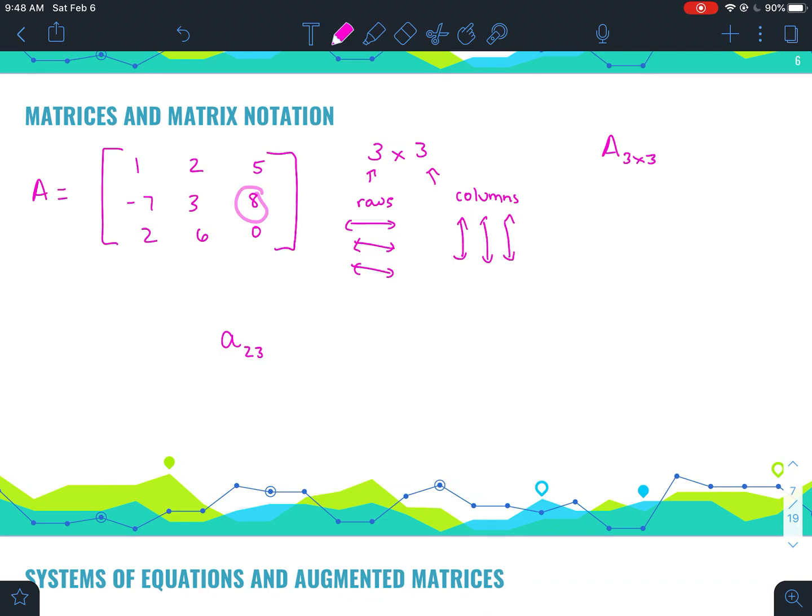We don't say 23, we say entry a23, and that would be represented by 8. Or if we want to talk about that 2 right there, it's in the third row because it's 3 down, and it's in the first column, so that would be entry a31, and that would be 2. We name matrices by the number of rows by the number of columns, so we name it with a capital letter, and then it's rows by columns.